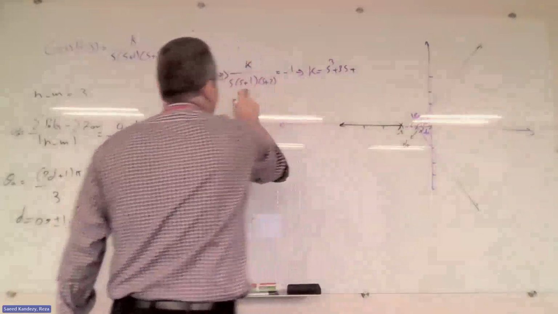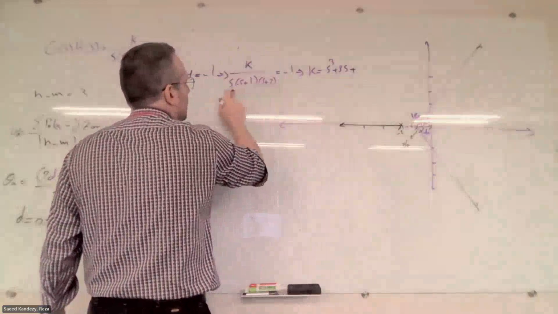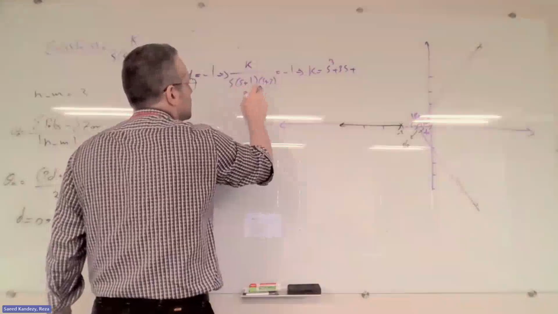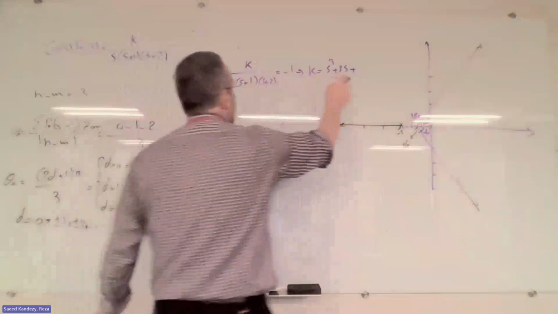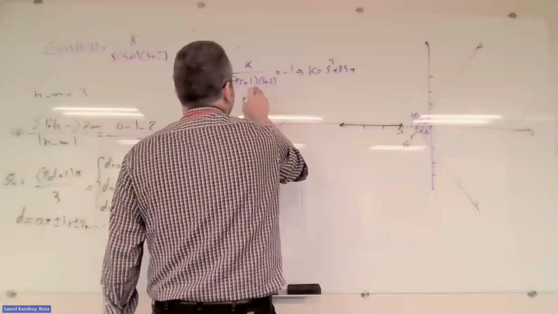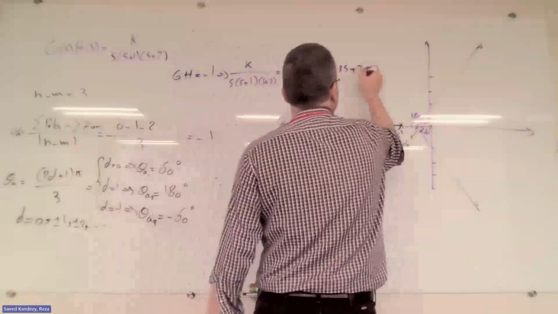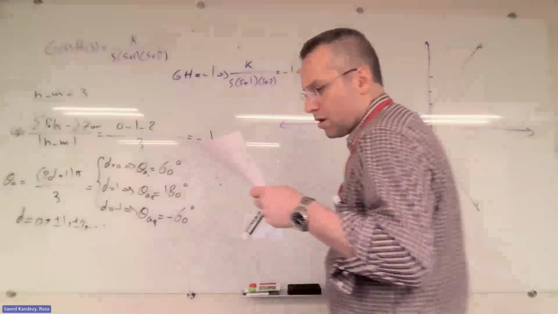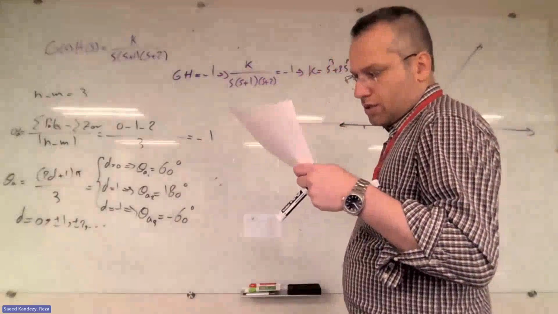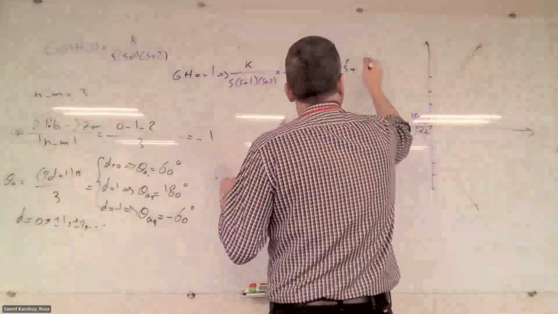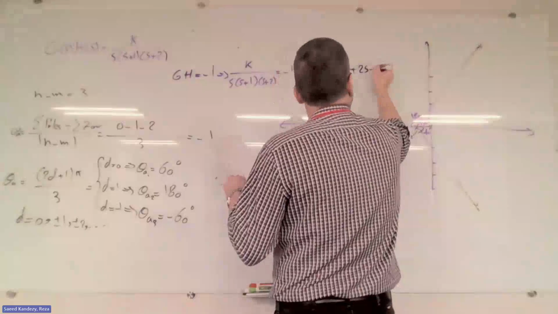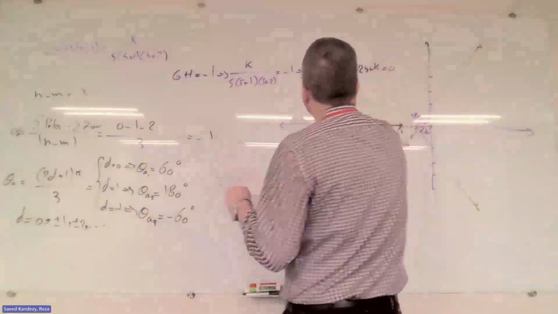Did I make it right? S cubed, and then 1s, 2s, 3s squared plus 2s. Did I write this? Oh, 2s, sorry. Plus k equal to 0.